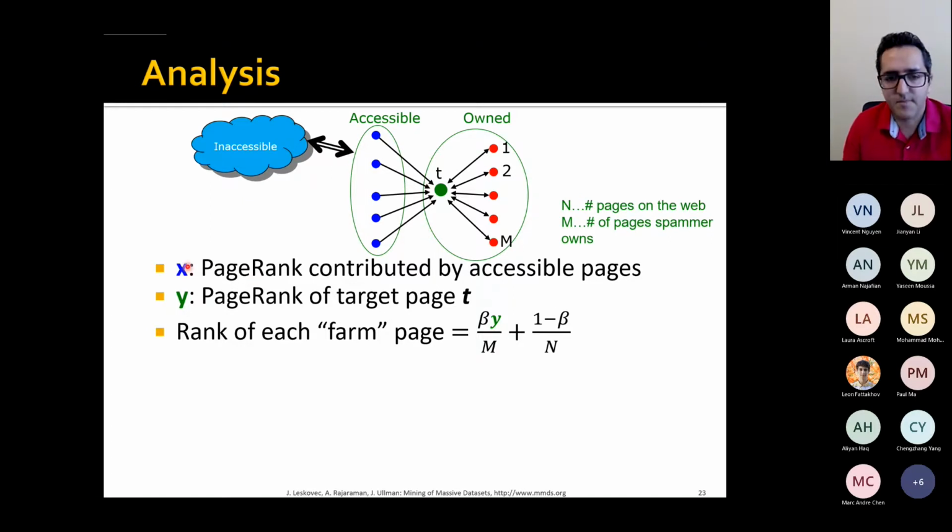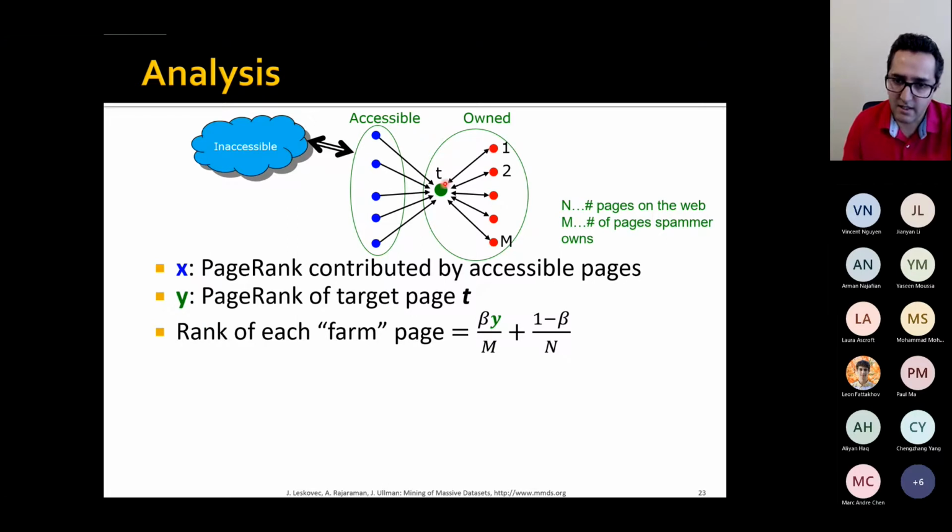Let's assume that the total score that we get from these blue nodes, the accessible pages, is represented by X. So I get X score from these pages. And Y, the green Y, is the PageRank of the target page T. So we want to maximize Y. Now what is the PageRank score of these nodes, the red ones? Well, it's easy.